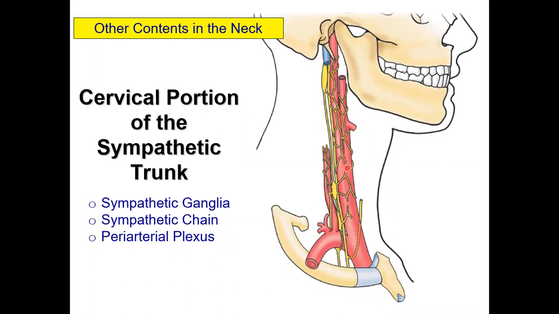And they sort of look like this spider webby type mesh over top of the arteries. So they're gonna come from the spinal cord, travel up the sympathetic chain, synapse at these ganglia, and then travel along arteries to get to wherever they need to innervate.